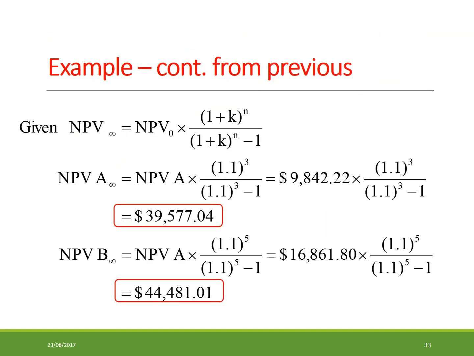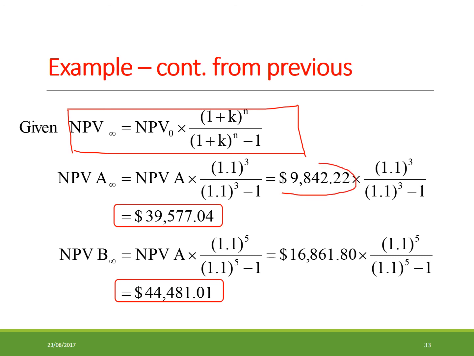Okay. So going back to our example before, on slide 27, we have two projects. Project A has 3 years and project B has 5 years, yeah? So applying the formula, NPVA is what we calculated before. So this is the NPV for a 3-year project, right?